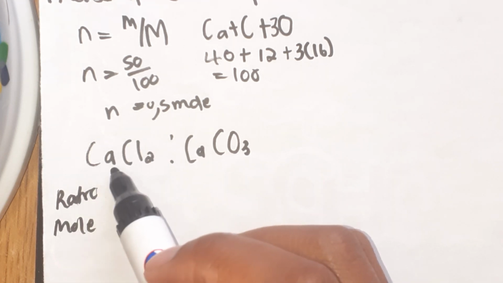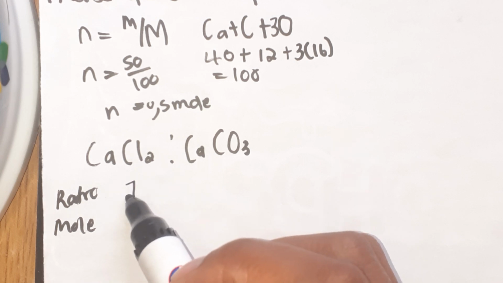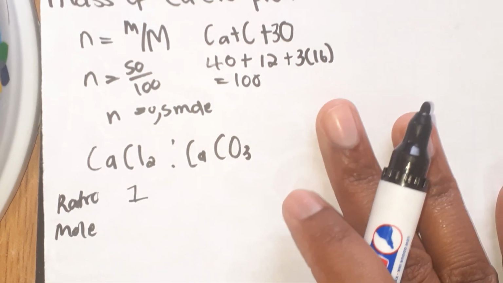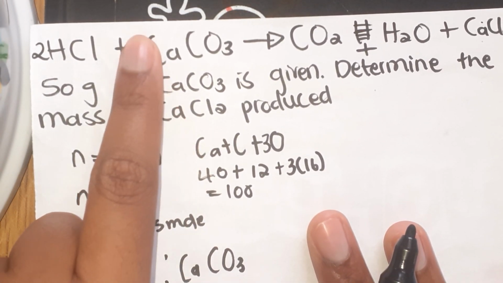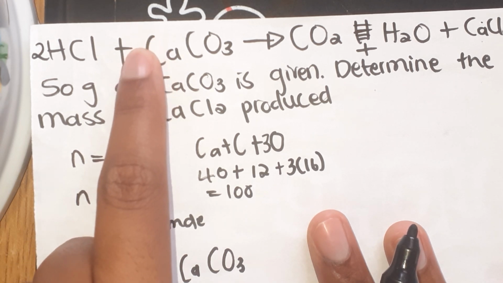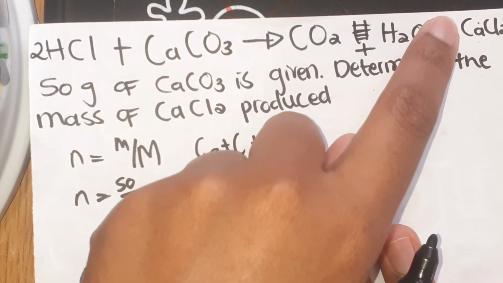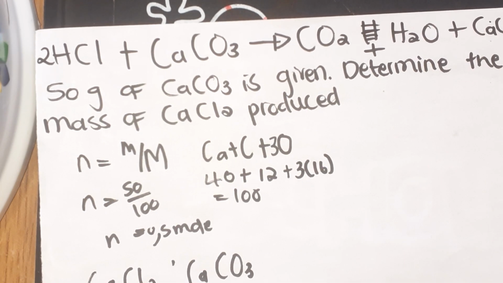The ratio of CaCl2 is 1. That is the coefficient, the stoichiometry coefficient that is standing in front. There is 1 here and there is 1 here. Stoichiometry coefficients are ratios.